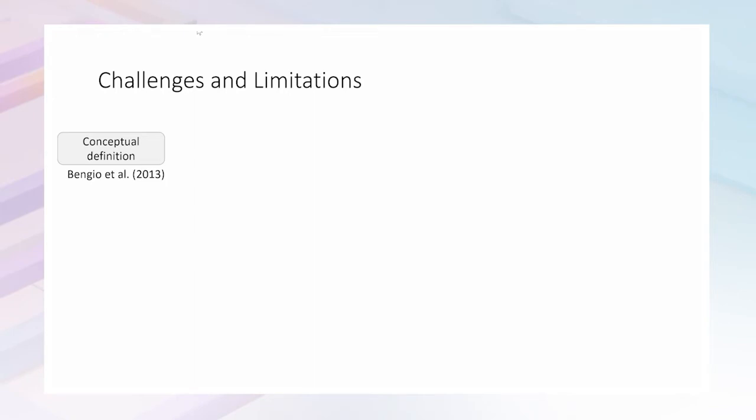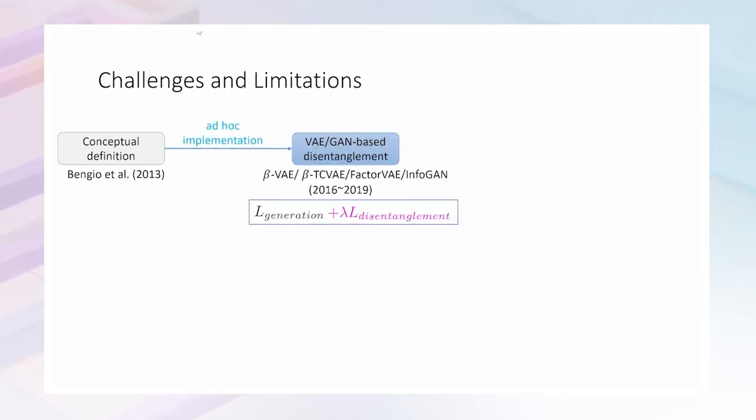After that, to achieve unsupervised disentanglement, some works tried ad hoc implementation by adding an extra disentanglement regularization to generative models, such as VAE or GAN. For example, the regularization in VAE-based models is a total correlation of the latent variable distribution.